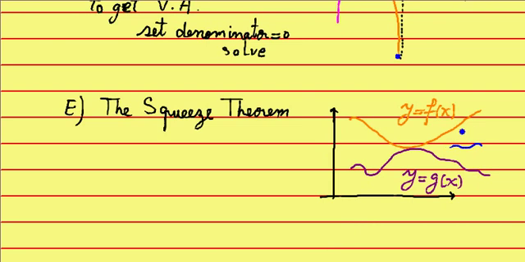So I have another function y is equal to, say, call it h of x, that is trapped or being squeezed between these two functions. And these functions, one of them is above the other one. That is, f is, say, larger than or equal to g. And the two functions have the same limit at the same point.